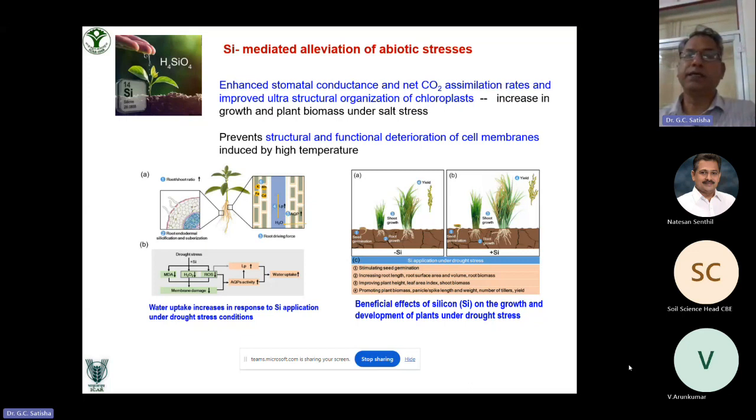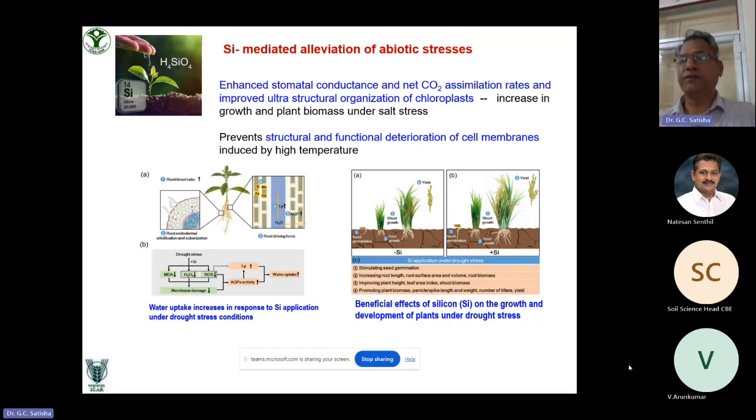So here we can see that silica application, we have noticed, enhances stomatal conductance and carbon assimilation rates, and plays a significant role in the structural organization of the chloroplast. Under salt stress, it shows an increment in biomass as well. Especially in vegetable studies we have done, biomass production under salt stress we have noticed enormously high.